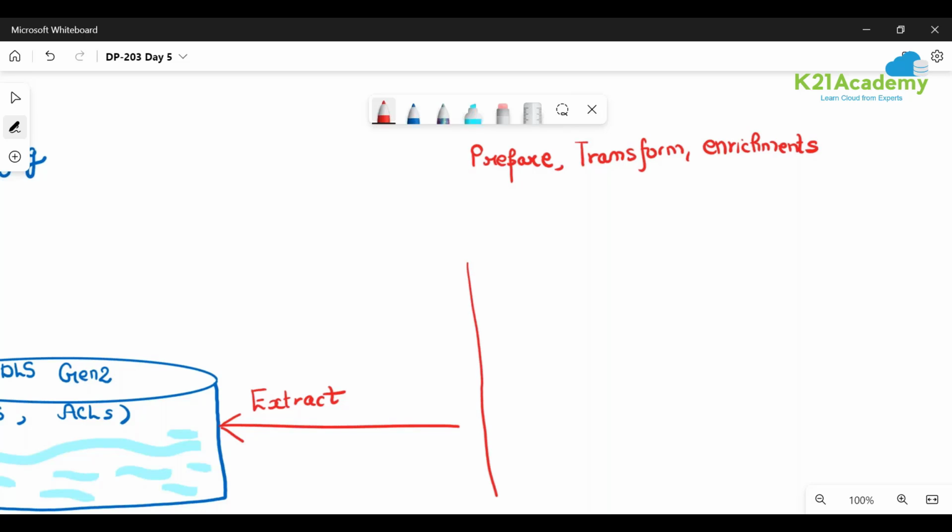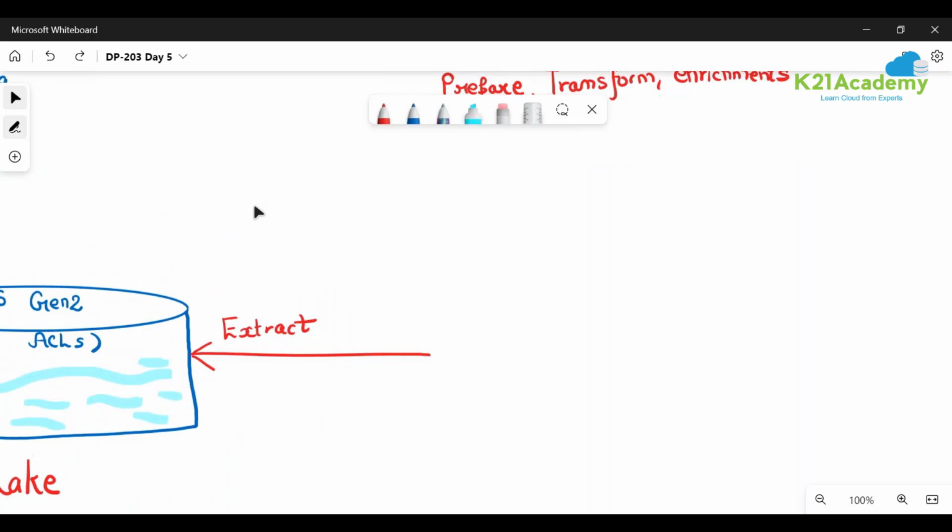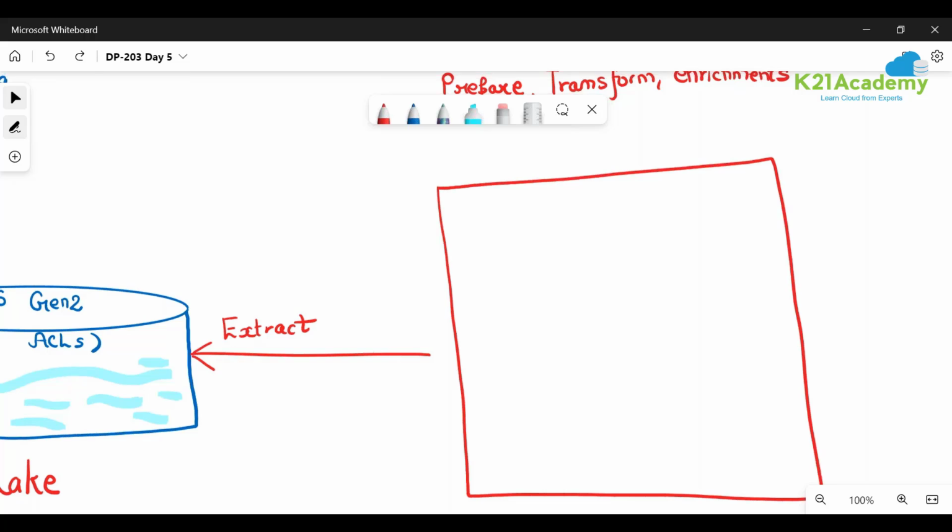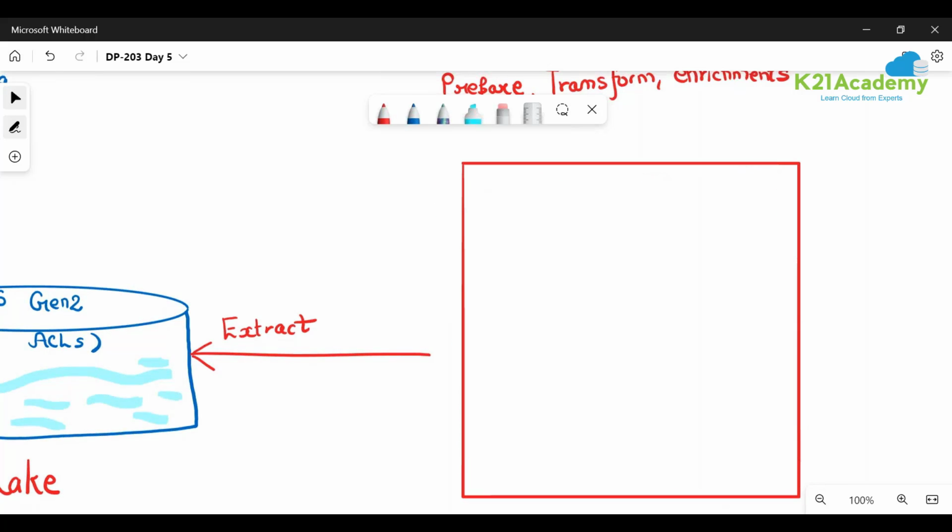You can have 4 different choices here as far as this course is concerned. Indeed, you can have 4 different choices for the data transformations, preparations, and your enrichment. What are they?